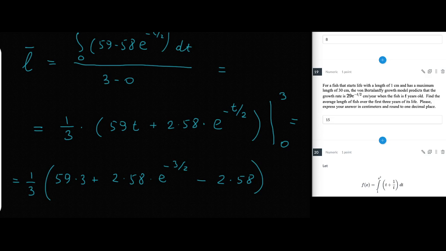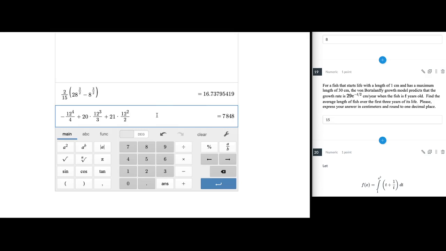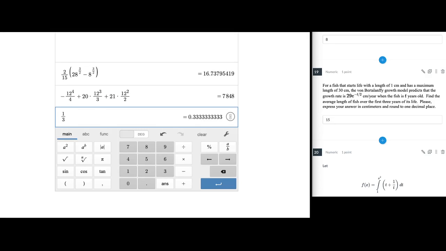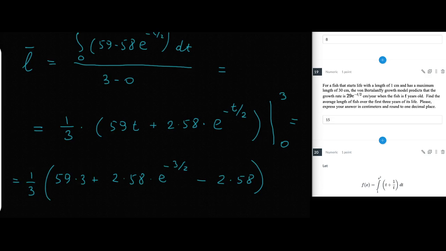Let's go to our calculator. So I have 1/3 times 59 times 3. Then I have to add 2 times 58 times e to the power negative 3/2.